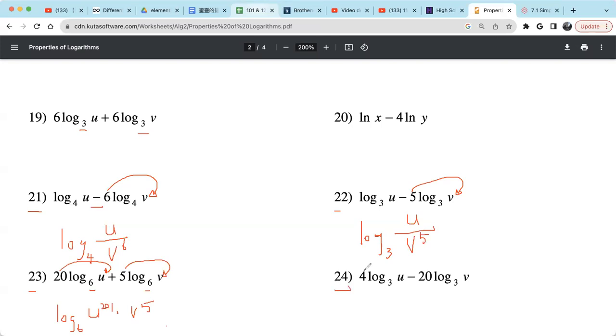Now let's see 24. 4 goes back to be the exponent of u. 20 goes back to be the exponent of v. Log base 3 doesn't change. So we write as a single log, log base 3. Then u to the 4th power in the numerator divided by v to the 20th power.